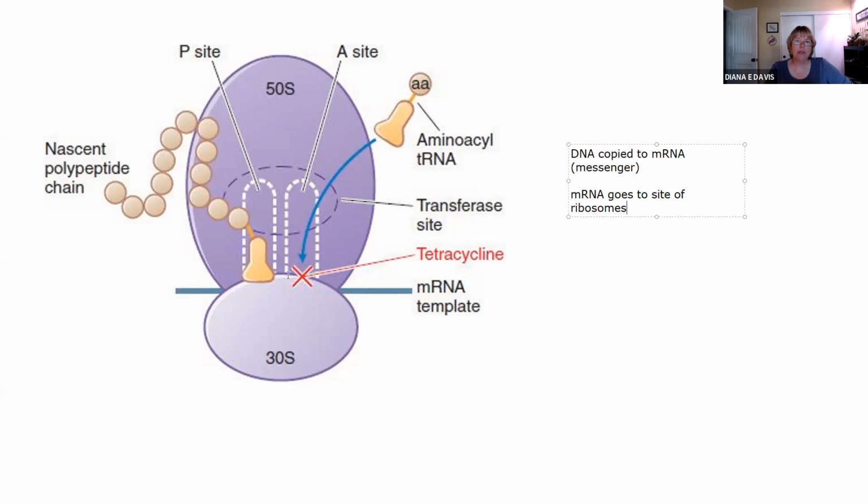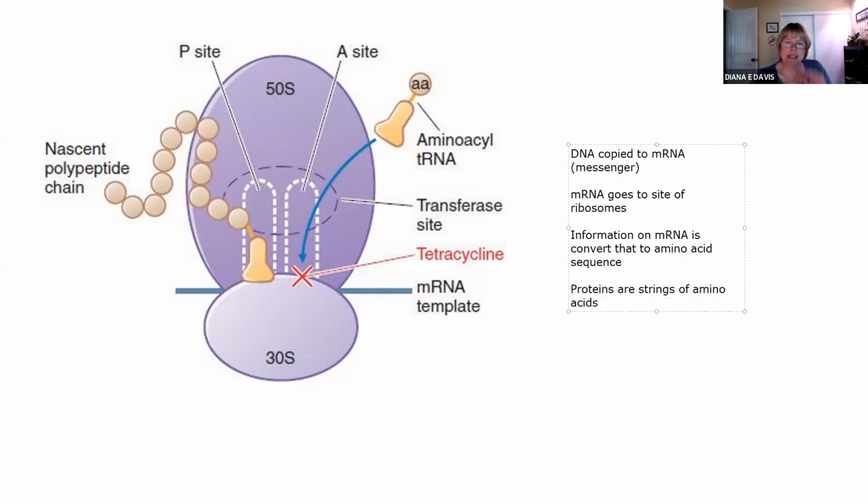These parts of the ribosome can read the information on the messenger RNA and convert that to an amino acid sequence. And proteins are made of strings of amino acids. So basically, you're converting that information on the mRNA into how to make that protein.